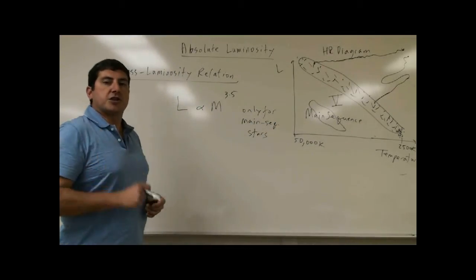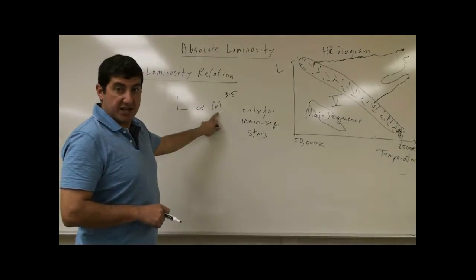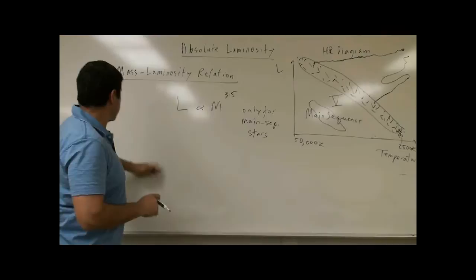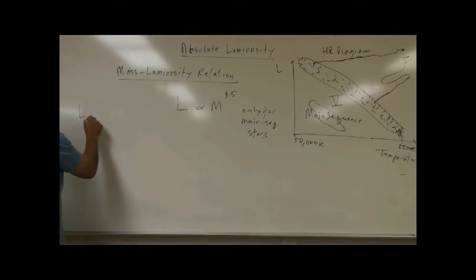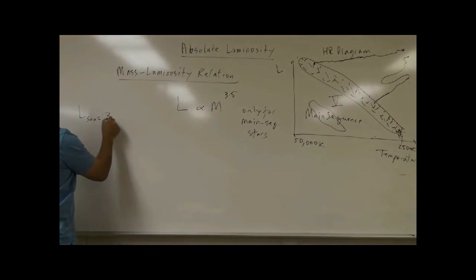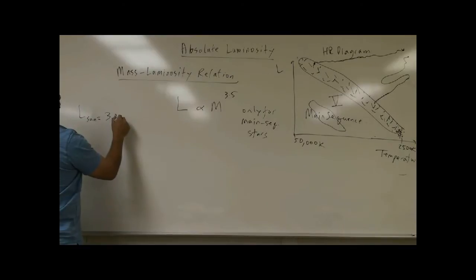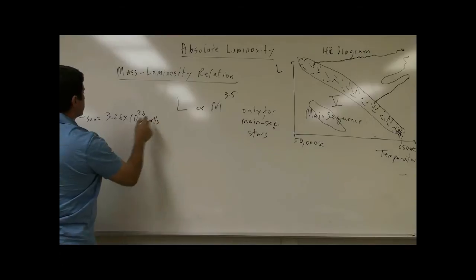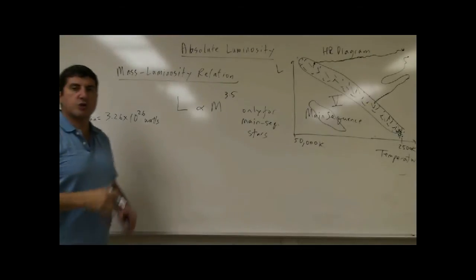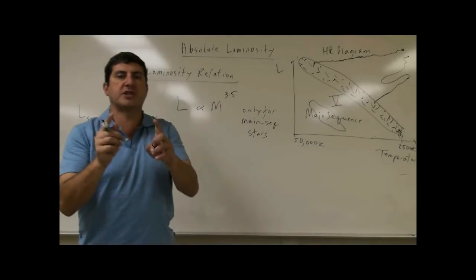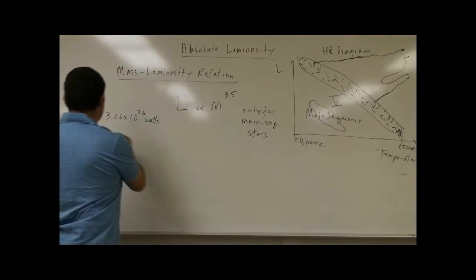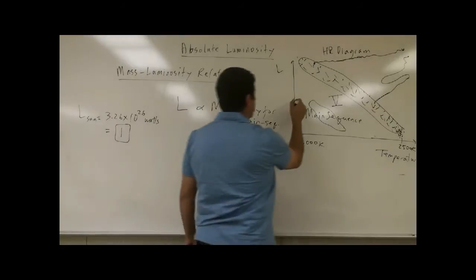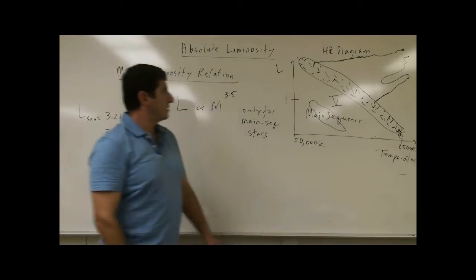So it turns out that if we use the mass of the sun and get the actual equation, the luminosity of the sun comes out to be about 3.26 times 10 to the 26 watts. Roughly around there, okay? So what we do is we call this luminosity 1, one luminosity of the sun, and we plot over here 1, right?